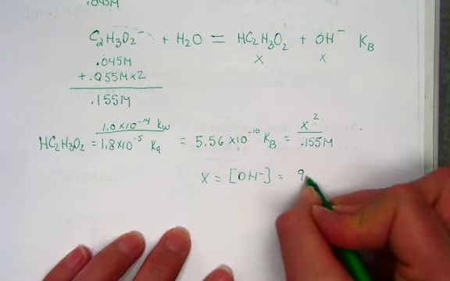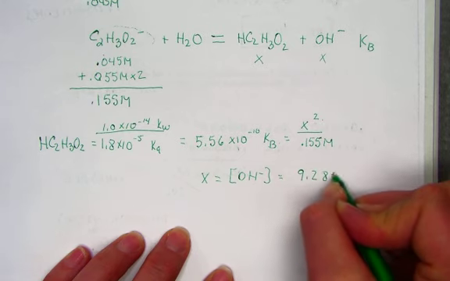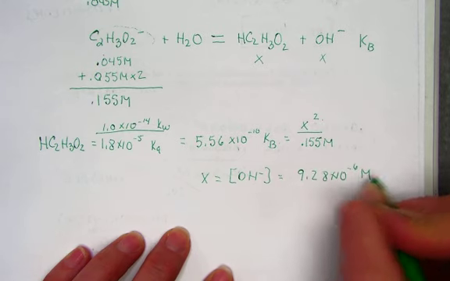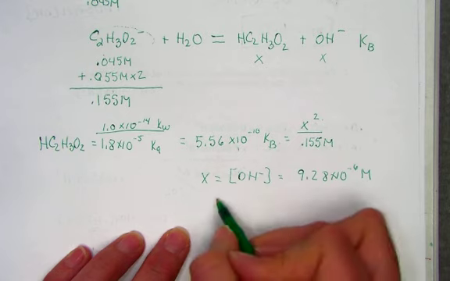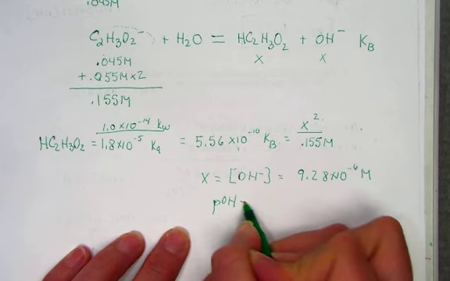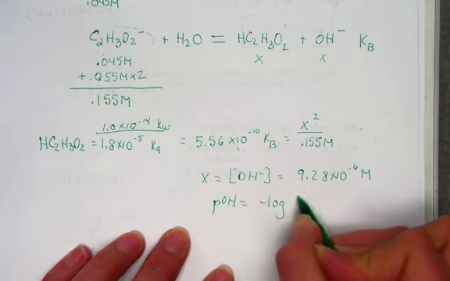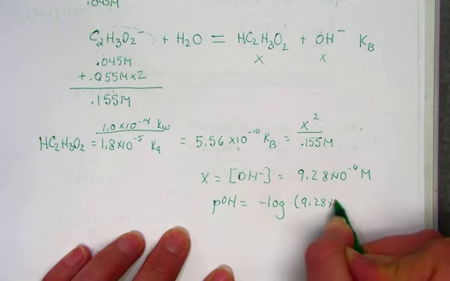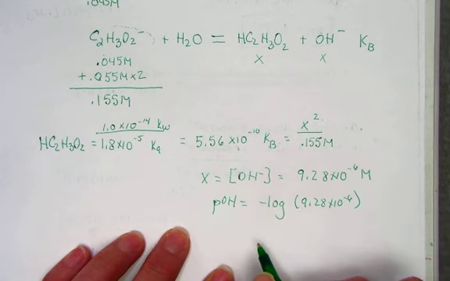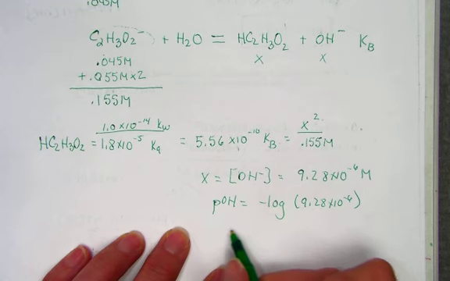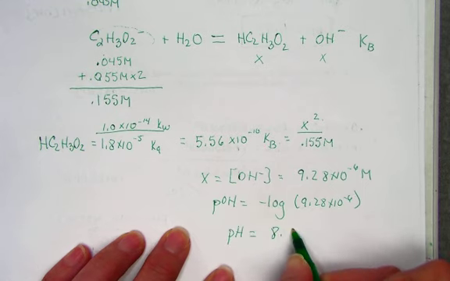And when I solved, I found 9.28 times 10 to the negative 6th molar units. This is indeed a base, so when we negative log 9.28 times 10 to the negative 6, we get something called pOH, and 14 minus my answer gives me the pH value of 8.97.